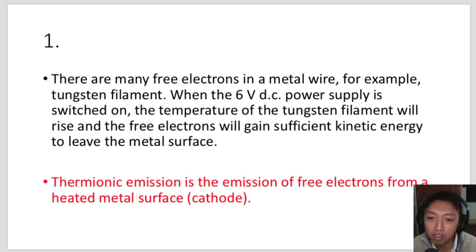When the 6 volts DC power supply is switched on, the temperature of the tungsten filament will rise, and the metal surface will start to heat up as well, and then the electrons will get sufficient kinetic energy. Like I was saying, when you add heat, you're adding kinetic energy to the free electrons, and now the electrons have enough energy to leave the surface of the metal plate and move.